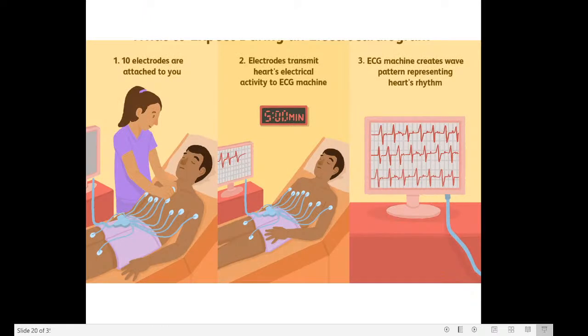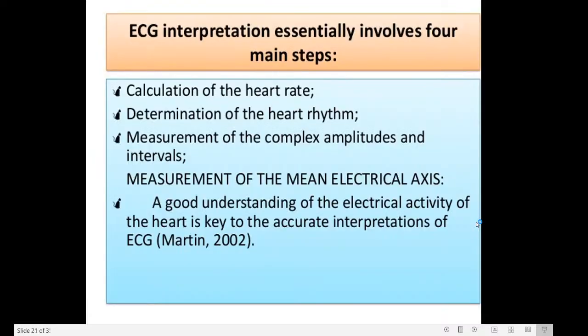Here, 10 electrodes are attached on various parts of the body. The electrodes transmit the heart's electrical activity to the ECG machine. The ECG machine makes a signal through a step-by-step process.